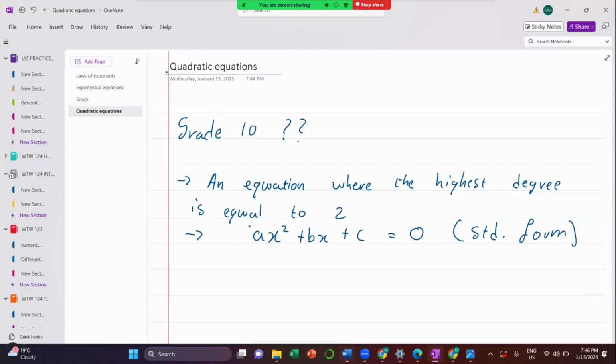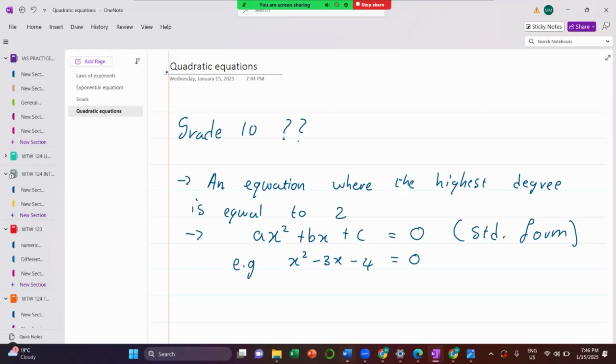So an example would be something like x squared minus 3x minus 4, all equal to 0. So this is just, for example, here. This is something that you are used to from grade 10, right?